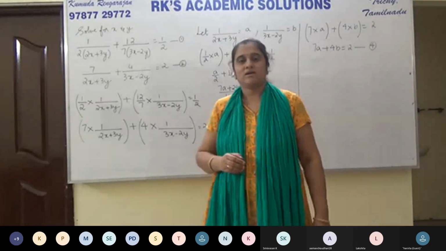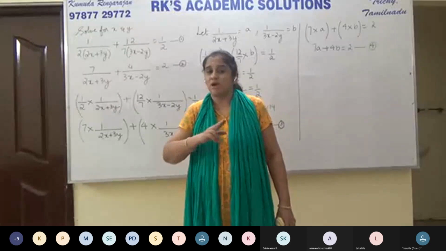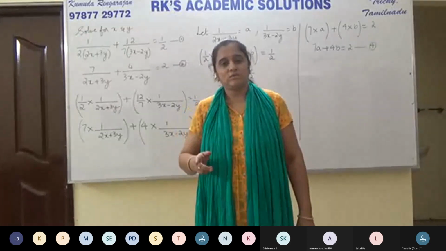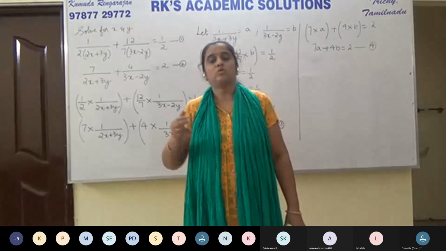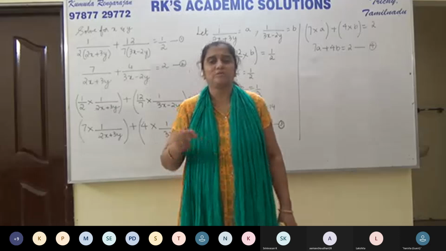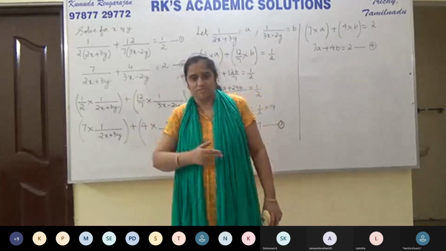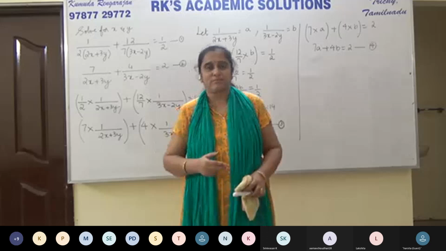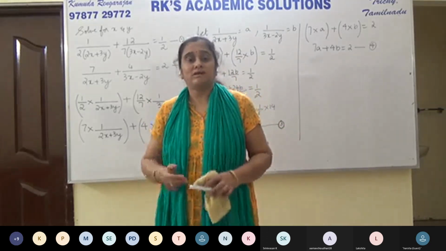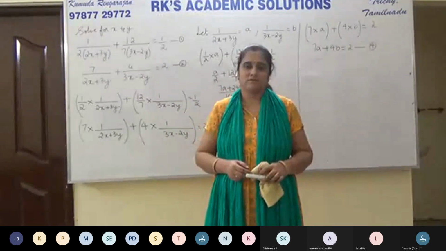So what have we done? We are given a pair of equations in x and y which are not linear. So we use two new variables a and b in equations 1 and 2 and reduce them. Reduce meaning we make them look like linear equations in two variables a and b.